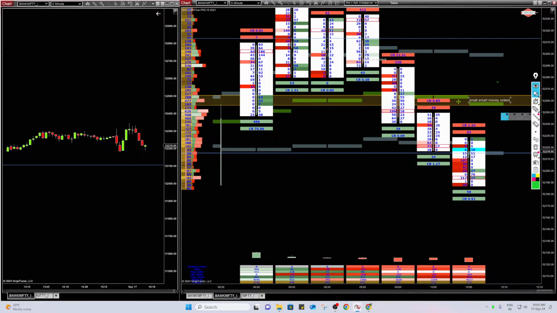I'm still waiting for confirmation for the downside or the upside. I'm watching the closing of this candle. The closing of this candle is very important.